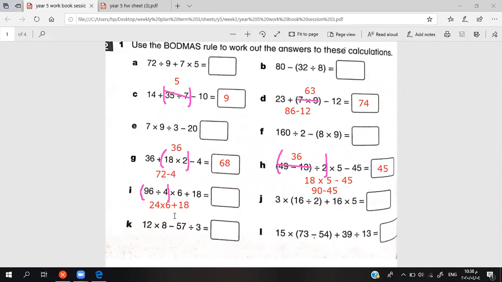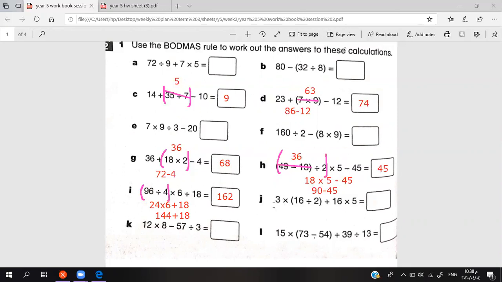Now, when I multiply 24 by 6, it's gonna give me a what? 144. It's gonna give me 144 plus 18, which at the end is gonna give me 162.